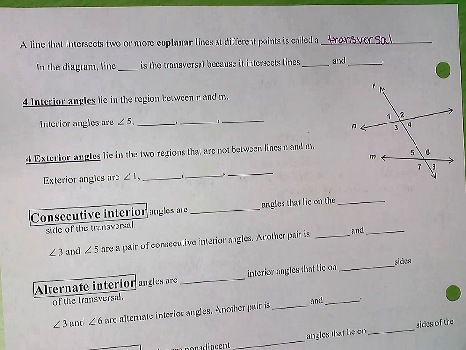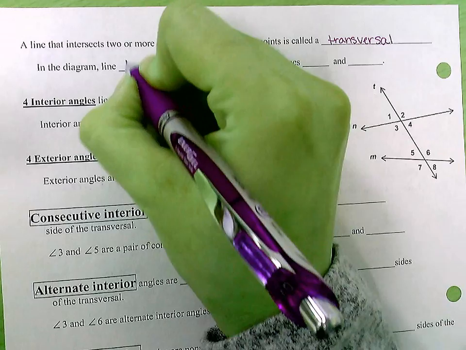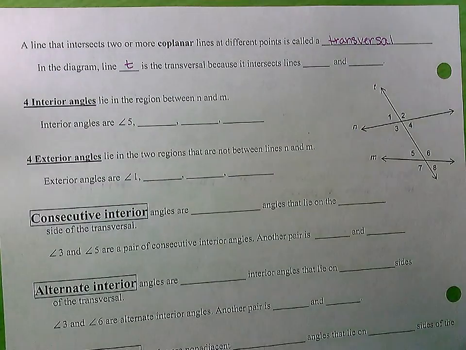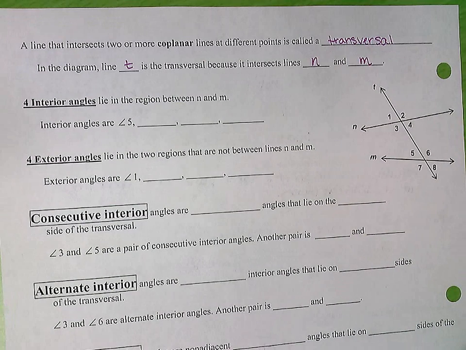So we have a transversal. In this diagram right here, line T is the transversal because it intersects lines N and M. Your transversal will intersect two other lines.